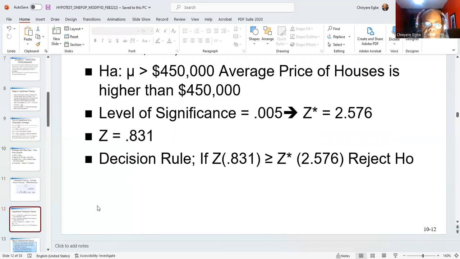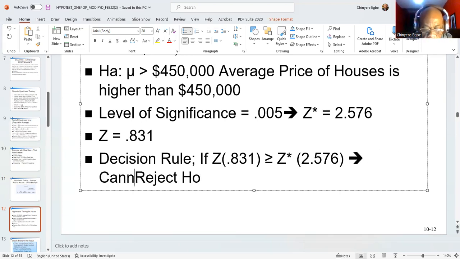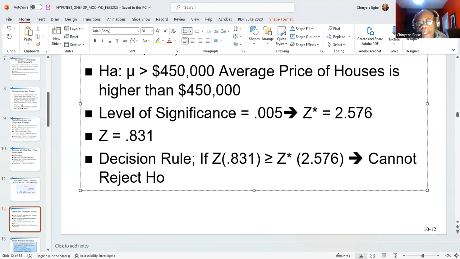As you can see here, the calculated Z is 0.831, and the critical Z is 2.576, and therefore, in this case, we cannot reject the null hypothesis.